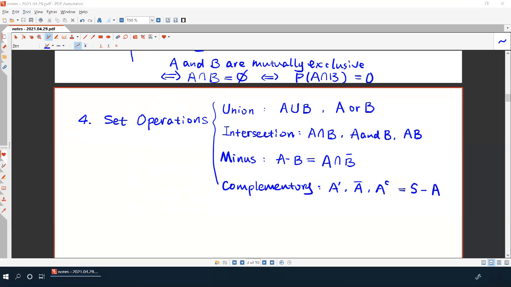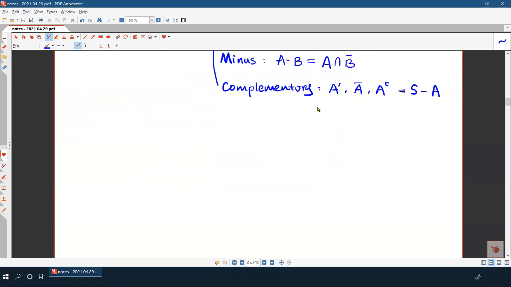Okay, and next, the next key concept is called conditional probability. First of all, the probability of A given B is defined as a ratio, right?